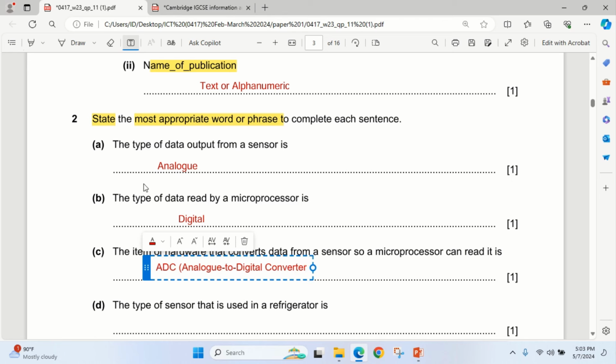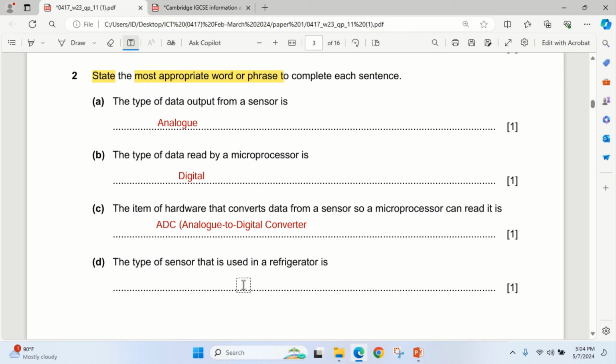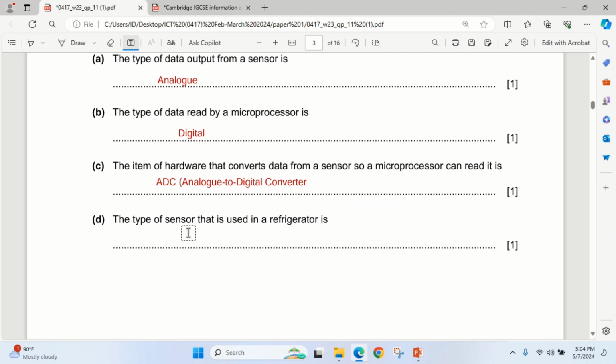Since a sensor only processes analog data, and the computer processes digital data, for both of them to communicate, an item of hardware that is needed is an ADC that will receive the analog signal from a sensor and convert it to digital before sending it to the computer for processing.